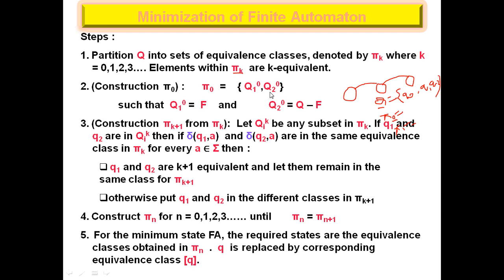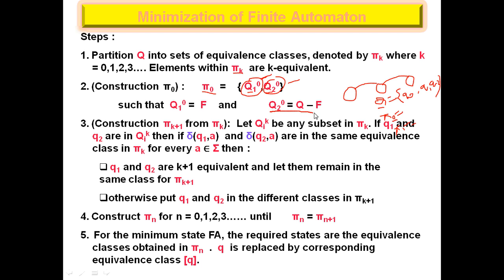Let's suppose we are going to construct pi 0. We have 2 parts basically. In one part we have the final states, and in the other part we have the non-final states. So we categorize the states into 2 parts: the first part contains the final states, and the second part contains the non-final states.